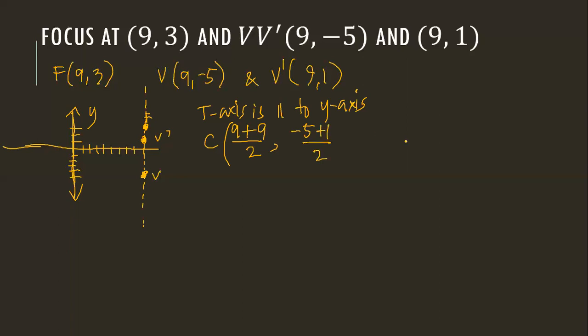So our center is 9 plus 9 is 18 divided by 2 is 9, comma, -5 plus 1 is -4 over 2, so that is -2. So the center is at 9, -2. Bali ang itsura ng ating graph, magiging ganyan ang graph natin.